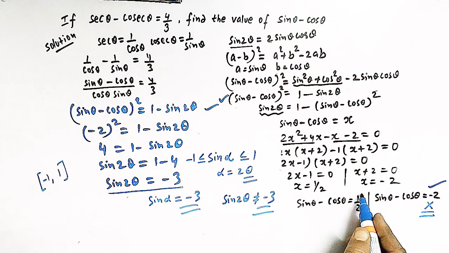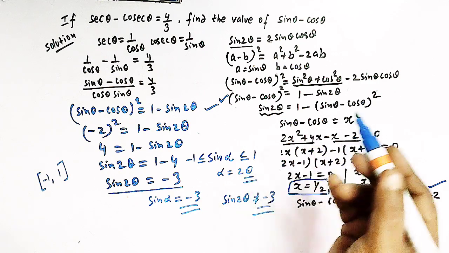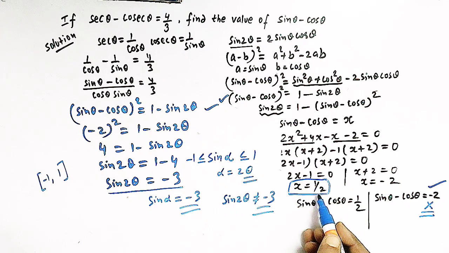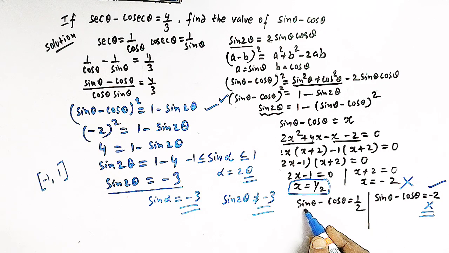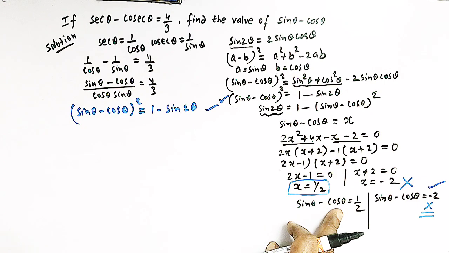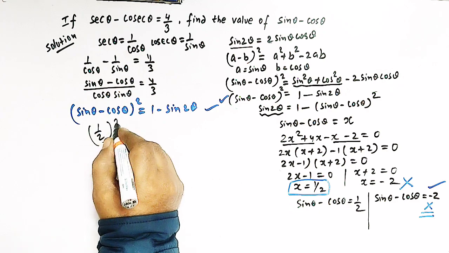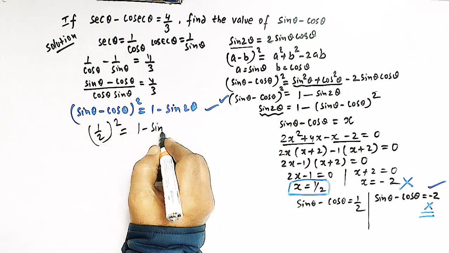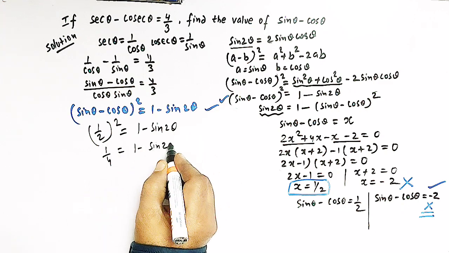And we will retain only this expression, that is, we will accept only this root of the quadratic equation, that is x is equal to half, and we will discard this one. So let us verify this expression. Let us substitute the value of sine theta minus cos theta as half in this expression. So we have here (half) squared equals 1 minus sine 2 theta, and this is 1 over 4 equals 1 minus sine 2 theta.